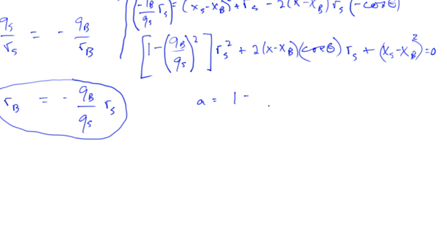Let's work on that a little bit. B is equal to 2 times x minus x sub b. I think that was x sub s.